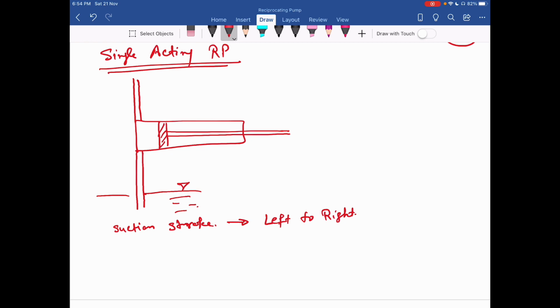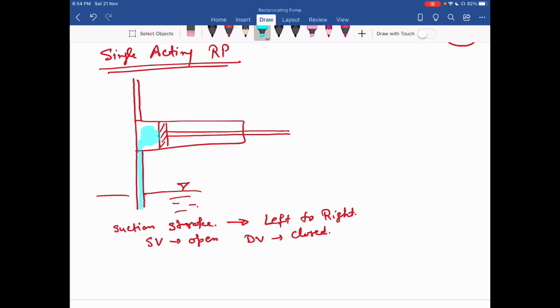My suction valve is open, delivery valve is closed. So at that very time the water comes from sump to the cylinder.